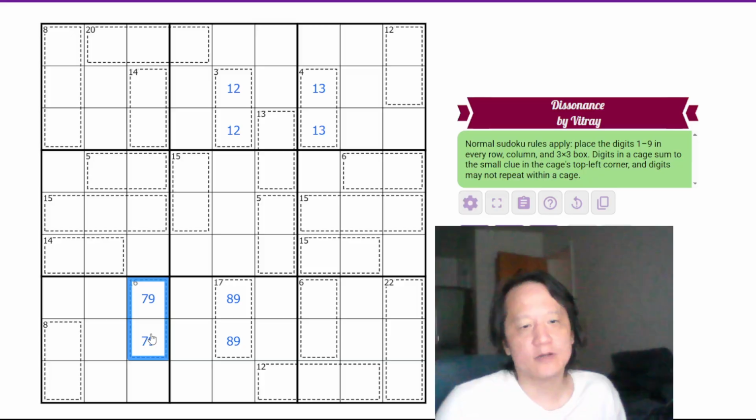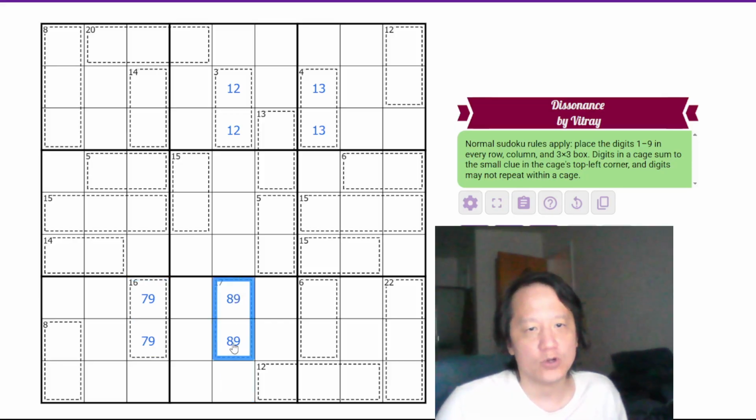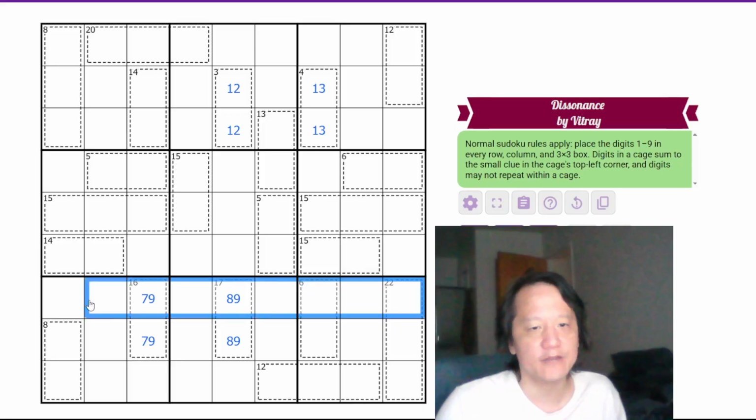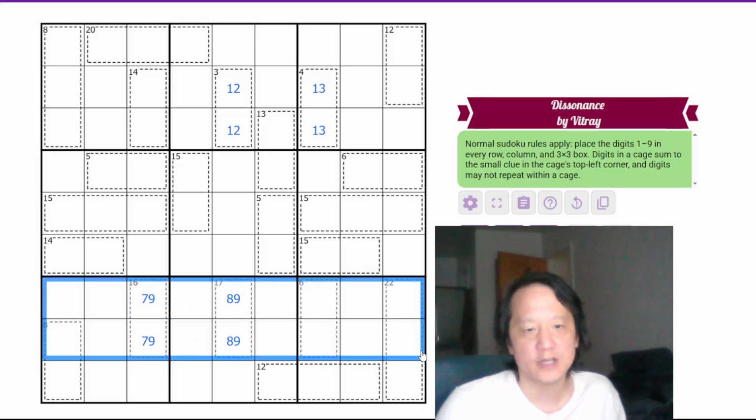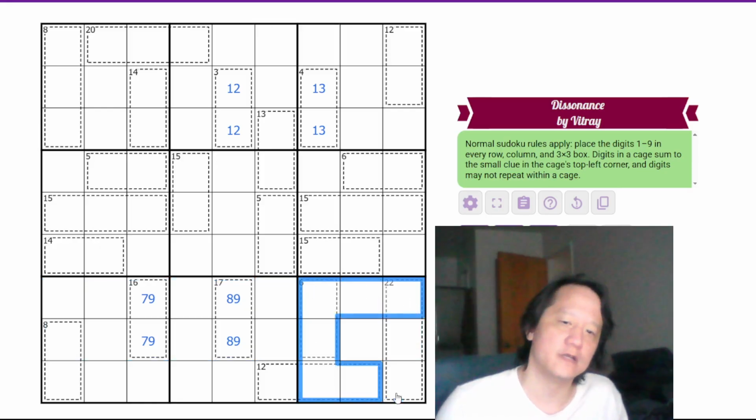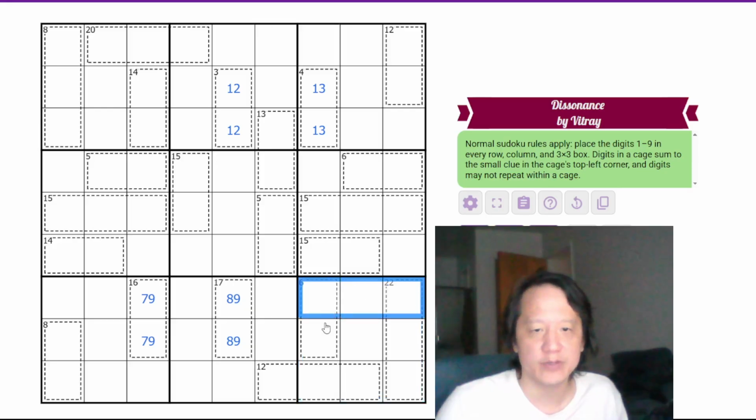So we have a guaranteed 9 in rows 7 and 8 in these two cells. That eliminates 9 from the rest of rows 7 and 8. So where can 9 be in this right central box? It cannot be in row 7 or 8.